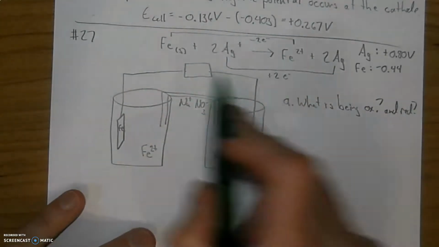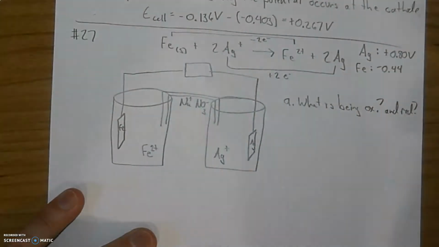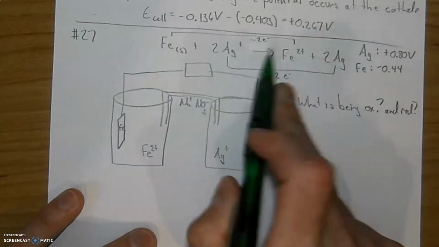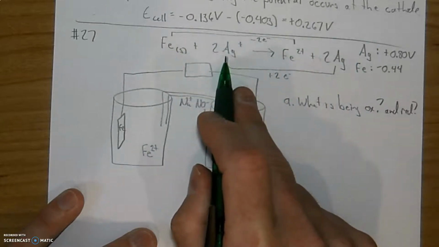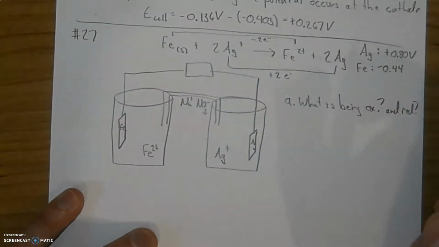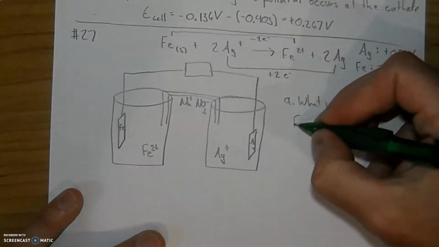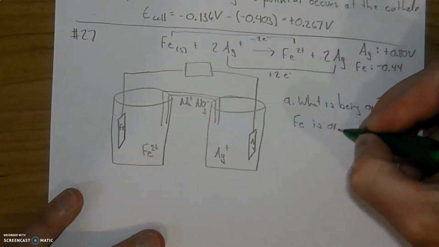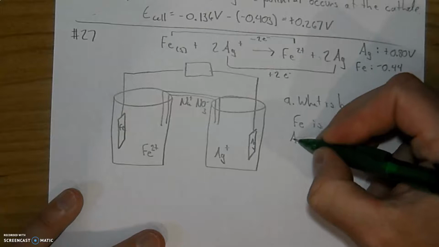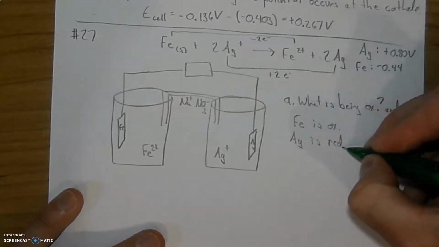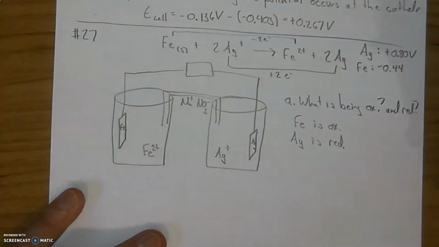Well, oxidation is losing electrons, and it looks like iron has lost electrons, and silver has gained electrons. And of course, we wrote that in here. So I think we're pretty good there. So I'm going to write that down. Iron is oxidized, and silver is reduced.